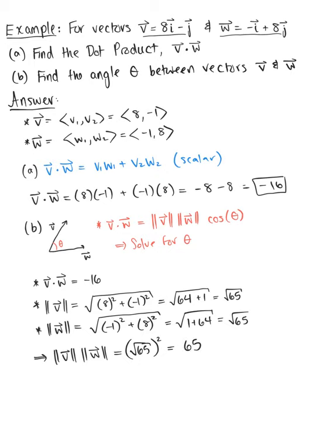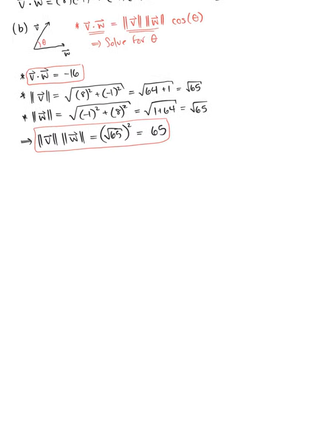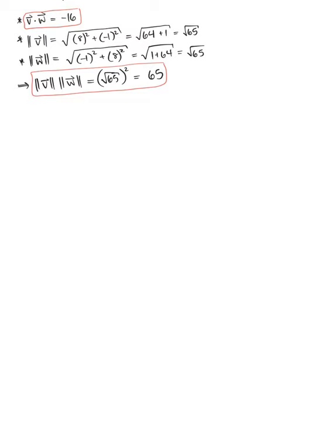So we're going to use the dot product here, right, which we see on the left-hand side of our equation, and we're using the product of the magnitude of these two vectors, which we see on the right-hand side of the equation, to help us solve for theta. So we're plugging those values in.